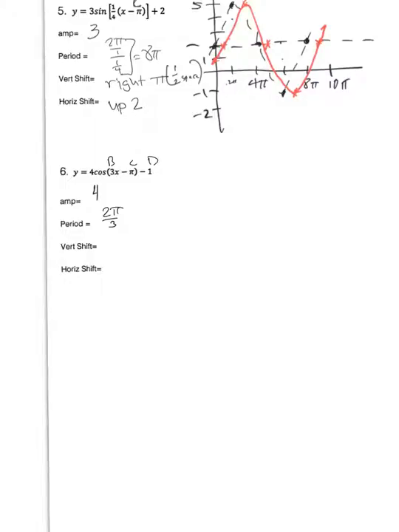Already reduced, you don't have to do anything to it. Vertical shift, we want to go the opposite of C, which you really don't need to do the opposite if you don't want to, because you know it's right. It's really C over B. So we are right pi over 3. Again, we'll see on the graph what that looks like, how many spaces that is. And our horizontal shift is down 1.